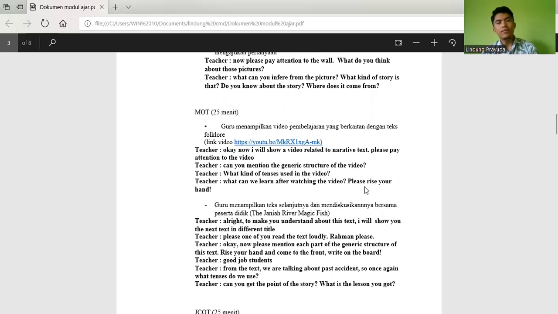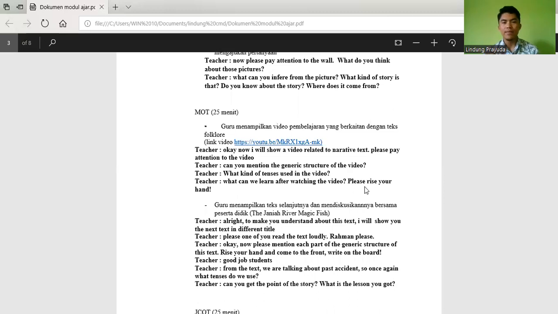And then, for strengthening the students' understanding about the topic, in this case narrative text in terms of folklore, after showing the video with audio, text, and pictures in it, the teacher shows the next text.